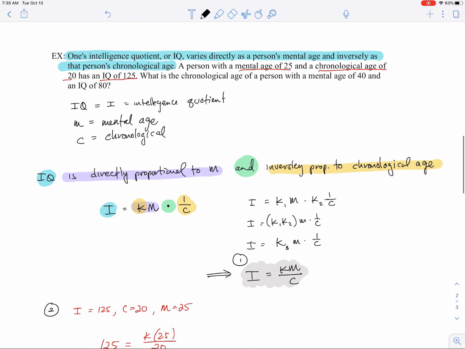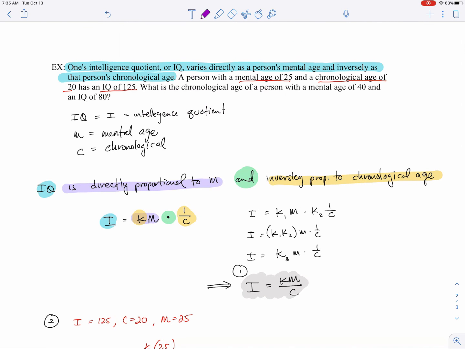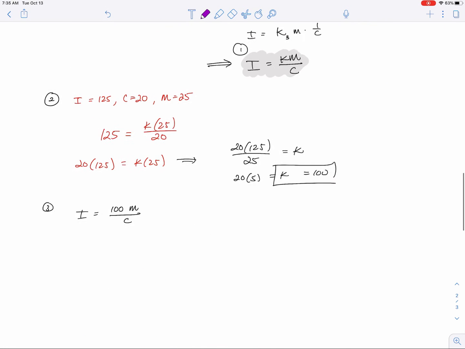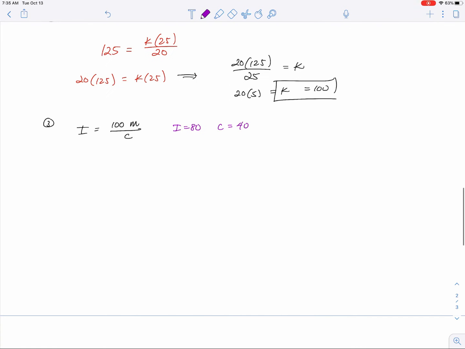And we'll use our second round of information here. Let's see. Now, they want to know what the chronological age is when the mental age is 40 with an IQ of 80. So IQ is 80, the chronological age is 40, and we should be able to figure out what their mental age is. So 80 is equal to 100 times the mental age divided by 40.